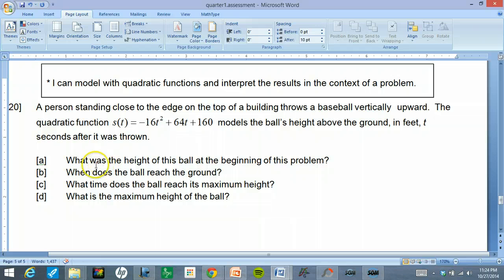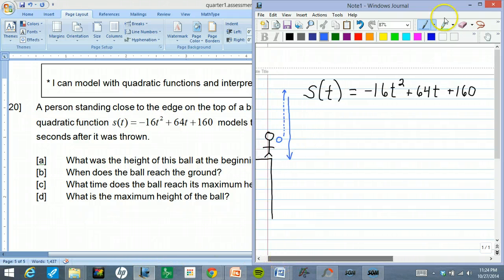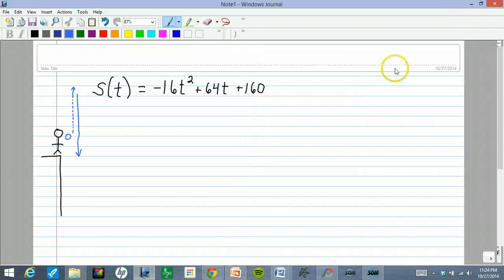Question A. What was the height of the ball at the beginning of this problem? Well, let's think about that. We have this rule, and at the beginning of the problem, one of two things. We either are going to be given a height. Remember, this is the output.